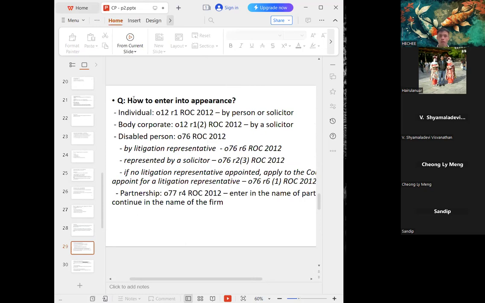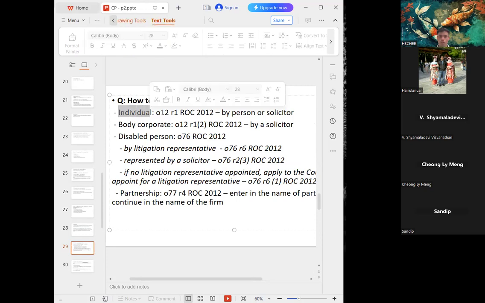So how to enter into appearance? If you are an individual, Order 12 Rule 1, by a person or a solicitor. If a company, no choice, it must be by a solicitor.